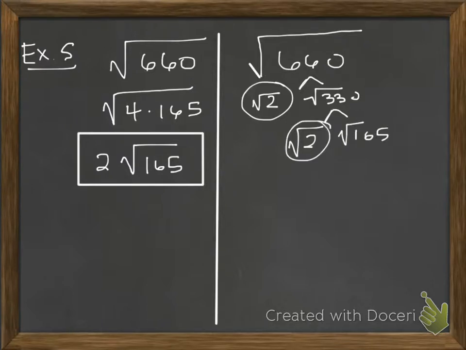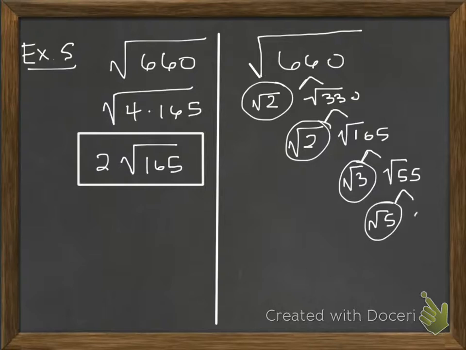And I circled 2 and wrote that one down. Then 3, so you got square root of 3 and square root of 55. And then I did 5 and 11, so you got square root of 5 and square root of 11. And then I said the 2 and the 2.